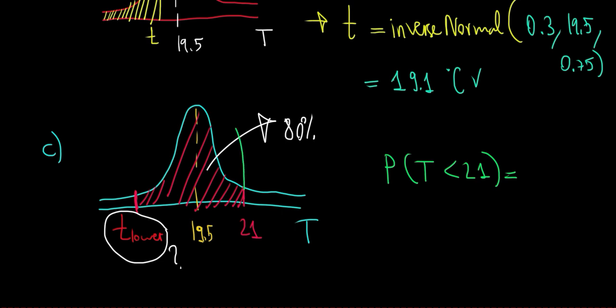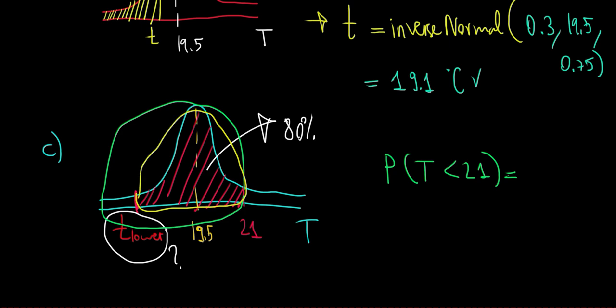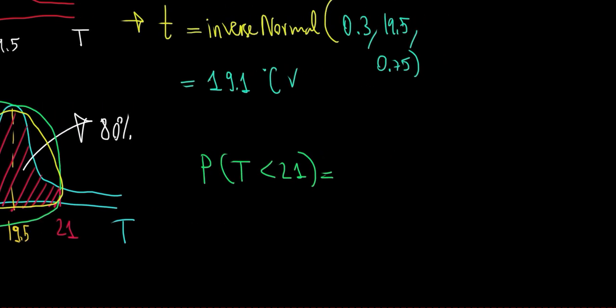I would take all of this probability and then subtract from it the 80%, which is this piece over here. Then we're gonna find this small piece. And once we know this probability right to the left side of the lower limit, then we can use the inverse normal to find the lower limit. So we have to go through a couple of steps, but we'll take it one step at a time.